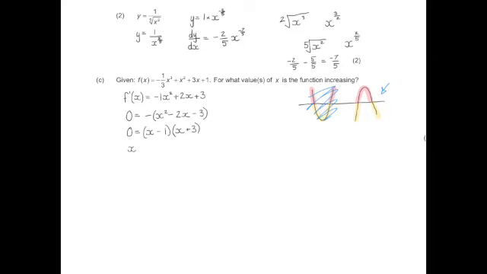And we come to a point where x either has a value of 1 or x has a value of negative 3. If we're looking back at this parabola over here, we're saying that this coordinate there is 1, and this coordinate over here is negative 3. And where our function is increasing is above the x-axis.